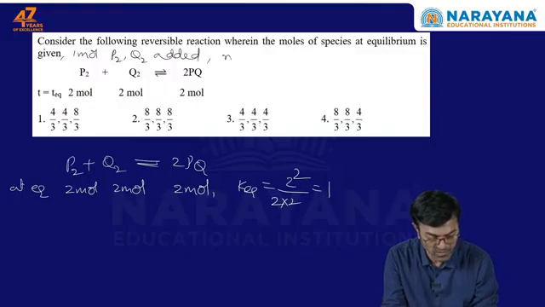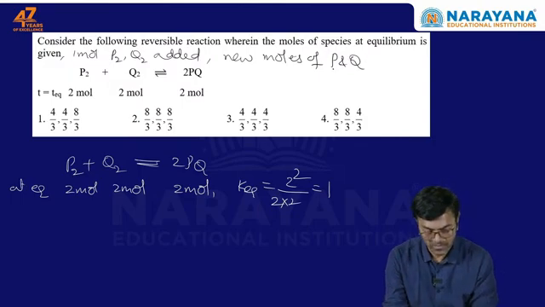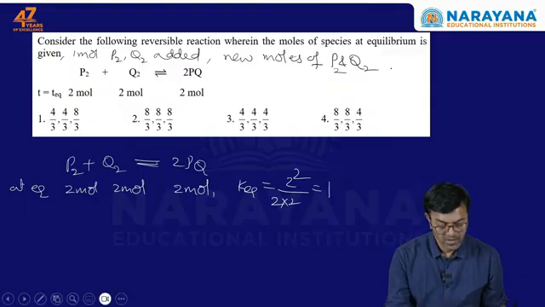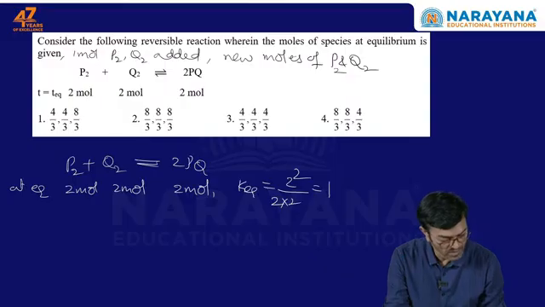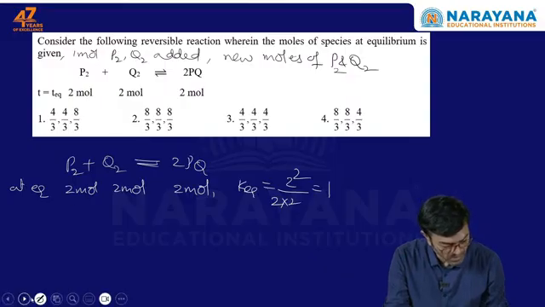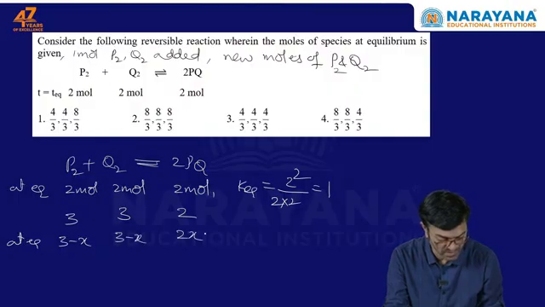And asking new moles of P2 and Q2. So when you add 1 mole each P2 and Q2, then it becomes 2 plus 1, 3, and 3, this will be 2 only. Now at new equilibrium, 3 minus x, 3 minus x, and we will be getting 2 plus 2x.